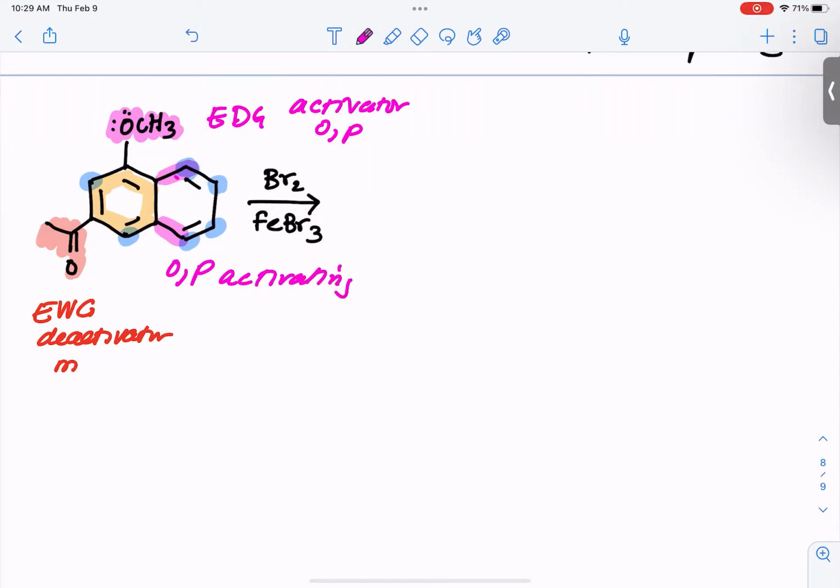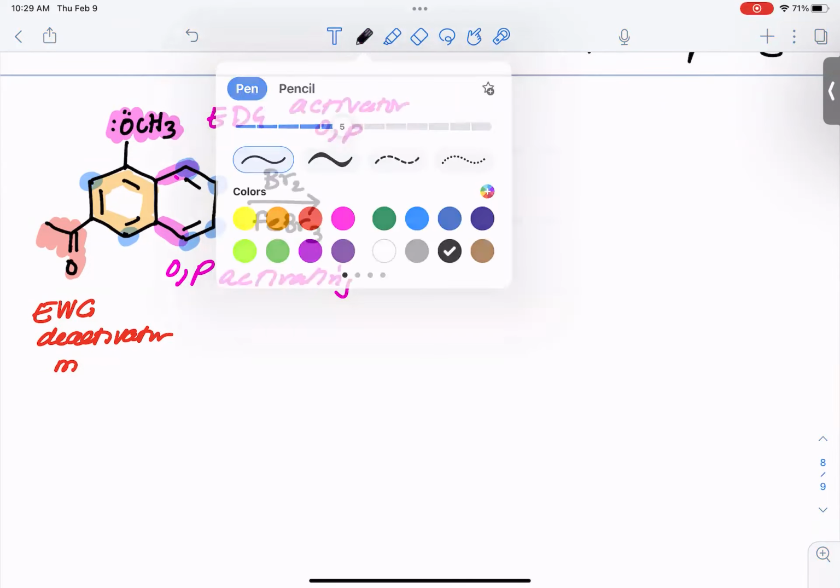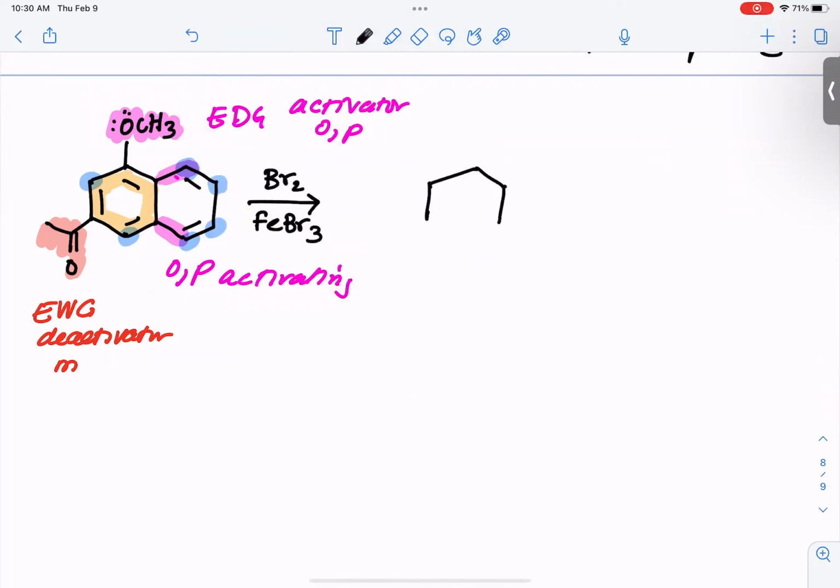Okay. One ortho position is blocked for that methoxy group. The other is not. And the para position is open. So your products will be this.